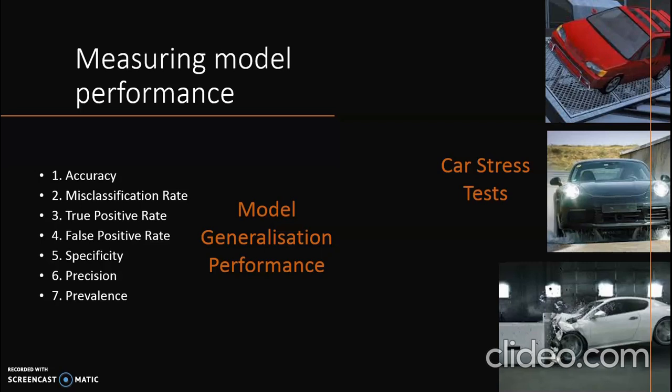So you should remember what generalization means in data science, which is the ability of an algorithm or a model to correctly predict a data point that it has never seen before or was not trained with. There are several different performance measures which have been discussed in the previous video. So these are the common ones: accuracy, misclassification, etc.